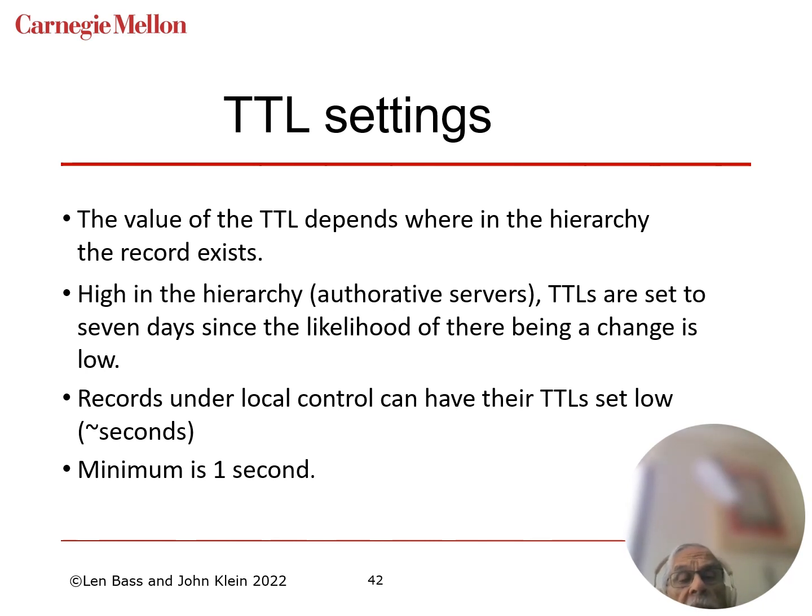A critical thing about the time to live is that the smallest it can get is 1 second. So in the next lecture soon, we're going to talk about containers. And containers come and go quickly, so 1 second is not an adequate amount of time for a container to live. And so DNS doesn't work for containers very well.